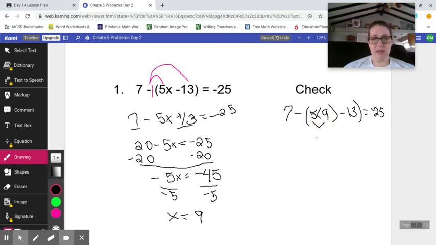5 times 9 is 45. Okay. 45 minus 13. I'm going to do next because that's what's in parentheses, which is 32.